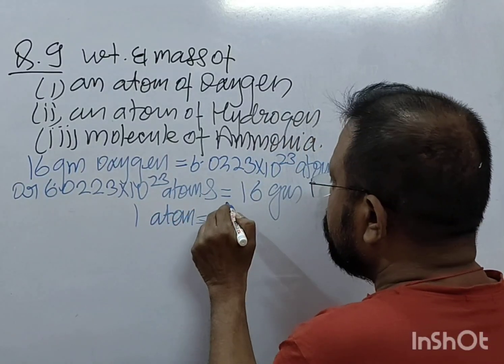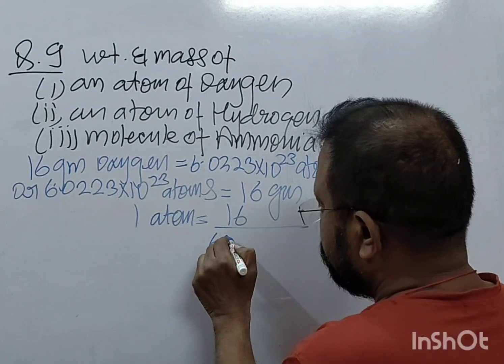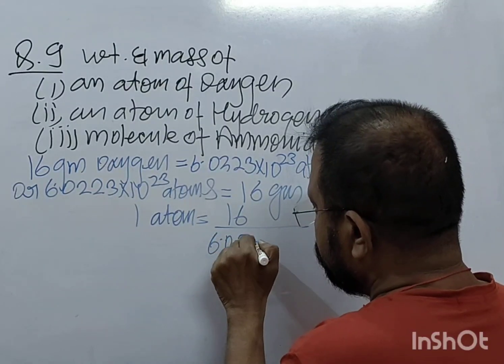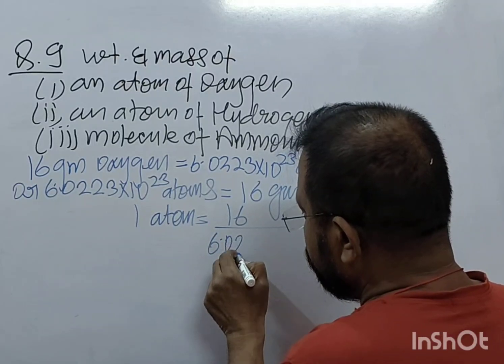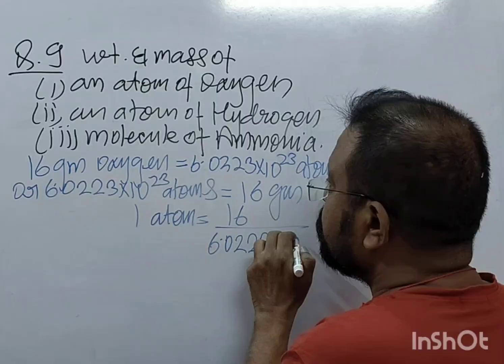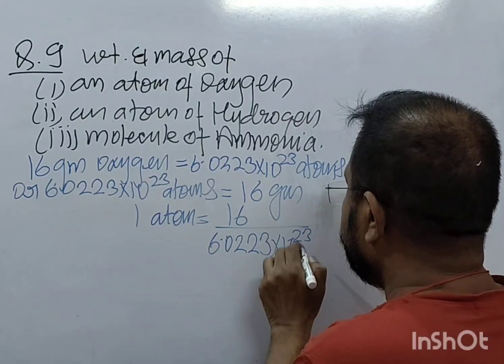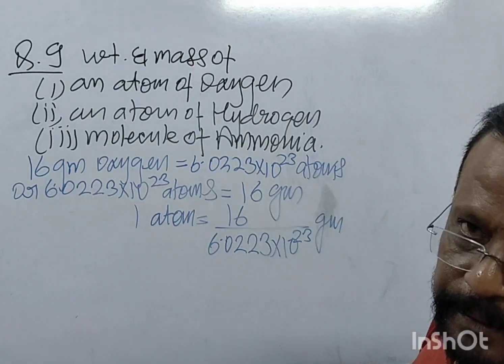So one atom is equal to 16 upon 6.0223 into 10 raised to the power 23 gram. You get this?